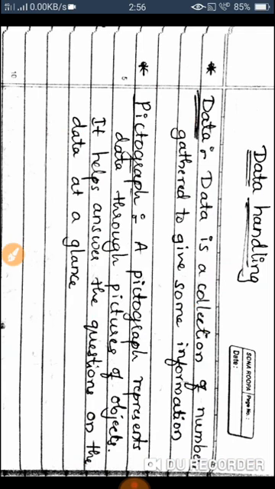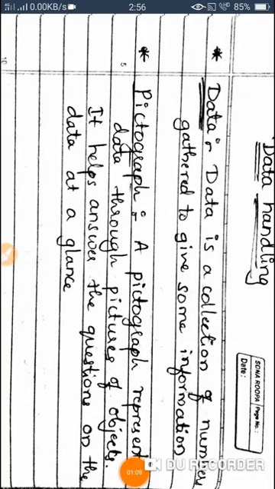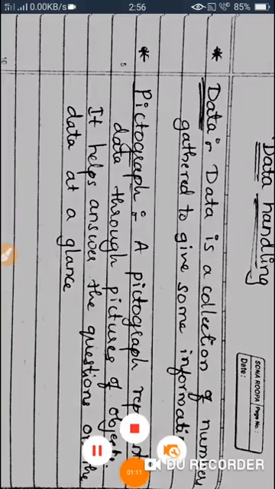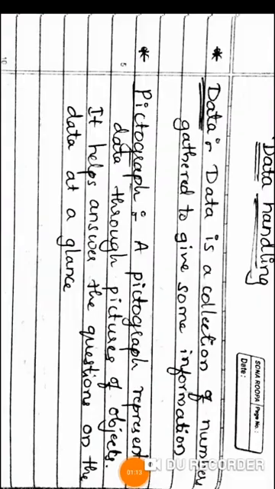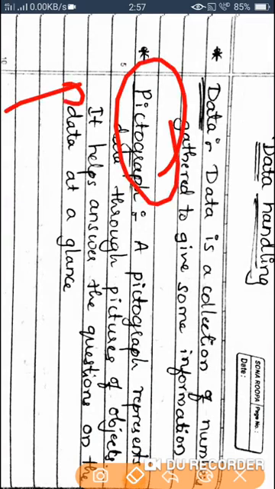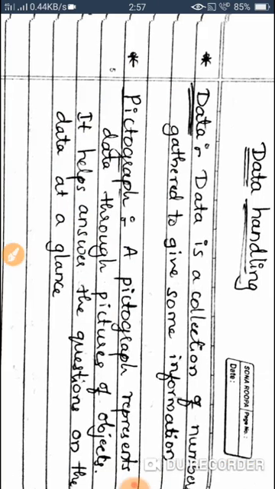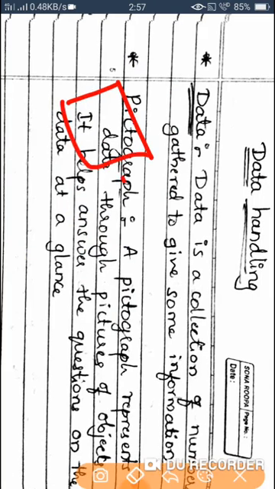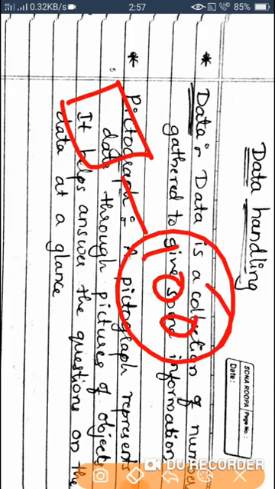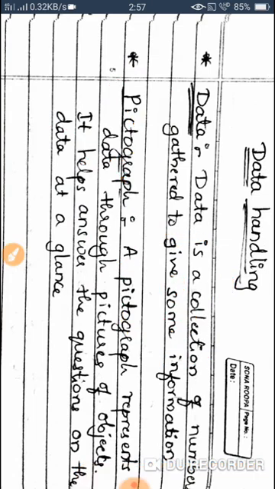And we can also denote the data by a pictograph. Pictograph means by pictures we can represent data. The pictures also give some information. For example, if one box represents 100, it gives the information like that.